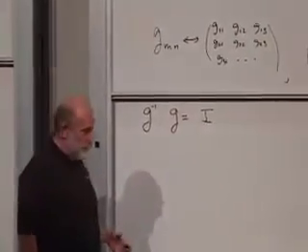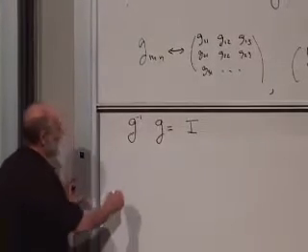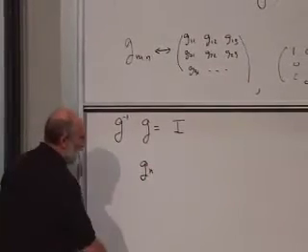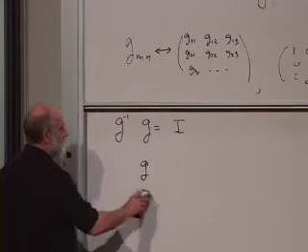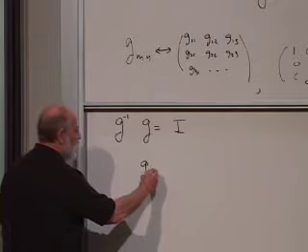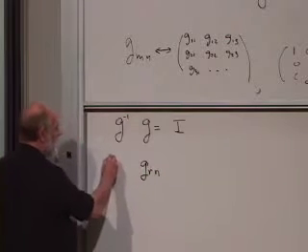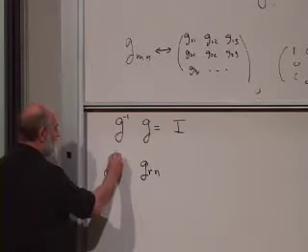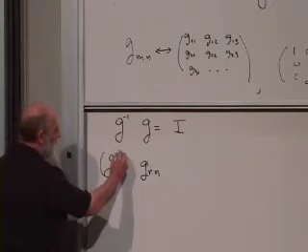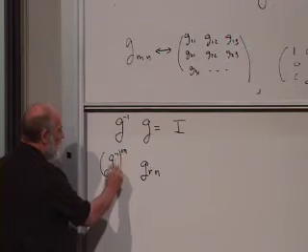To write that in index notation, it's G, let's call it R, and G inverse, M R.